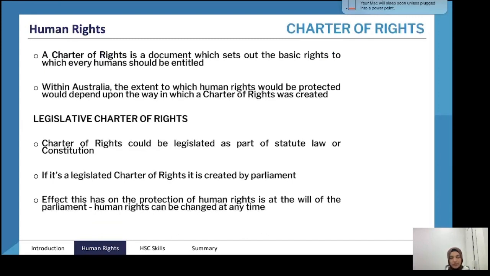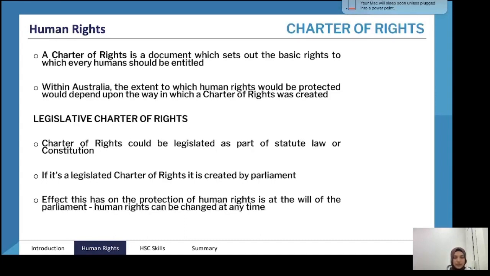Then we've got the Charter of Rights. So a Charter of Rights is a document which sets out the basic rights to which every human should be entitled, that we talked about before. Within Australia, the extent to which human rights would be protected would depend upon the way in which a Charter of Rights was created.